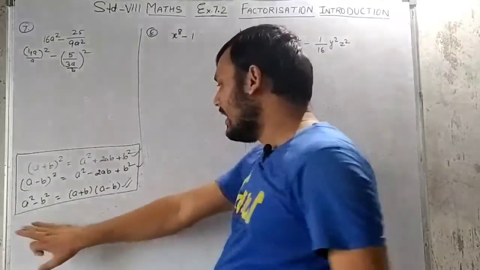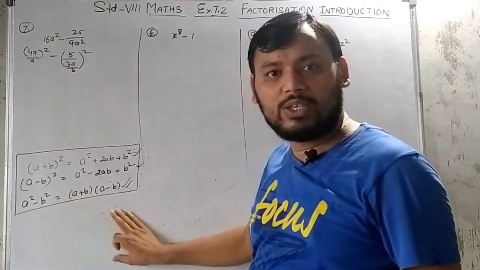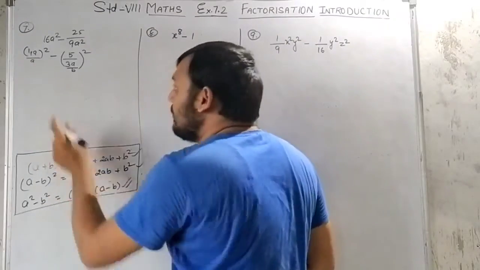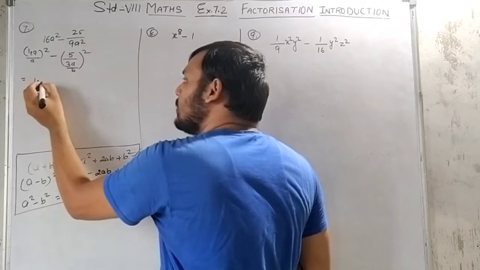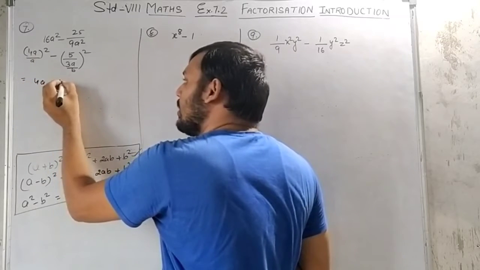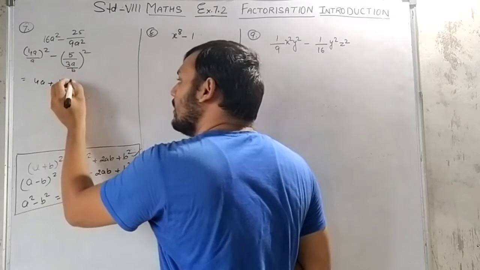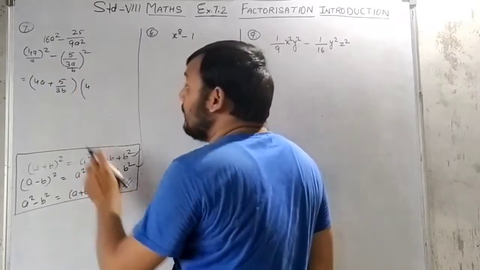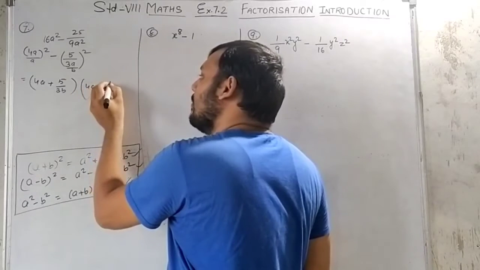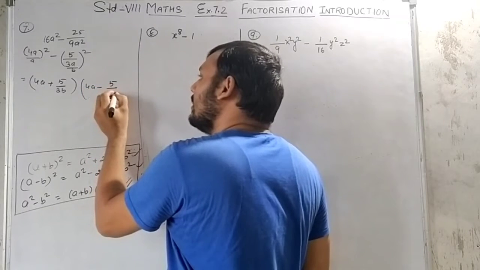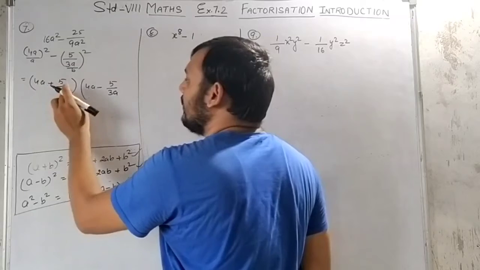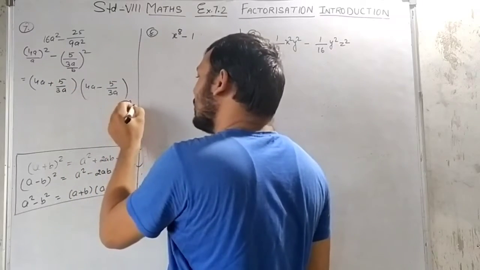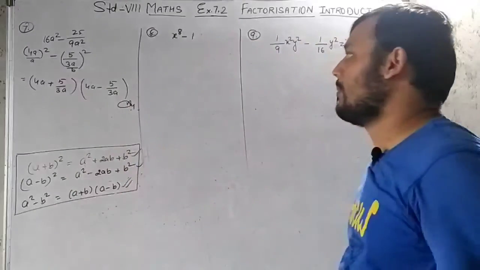This is the form of a square minus b square is equal to a plus b into a minus b. So we can write here a plus b in the very first bracket, a means 4a, plus b is 5 by 3a. This one will be in the first bracket, in the next bracket will be a minus b, a is 4a minus b, b means 5 by 3a. Okay, this is our answer regarding this particular question.